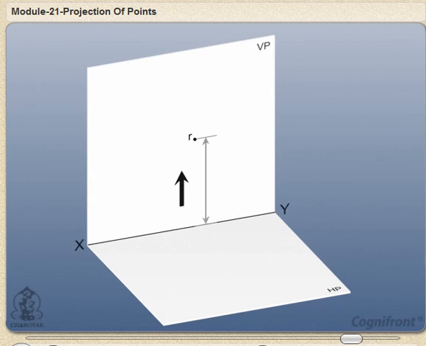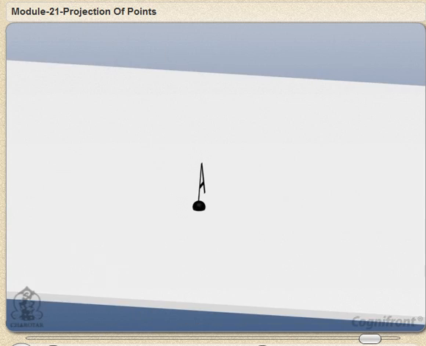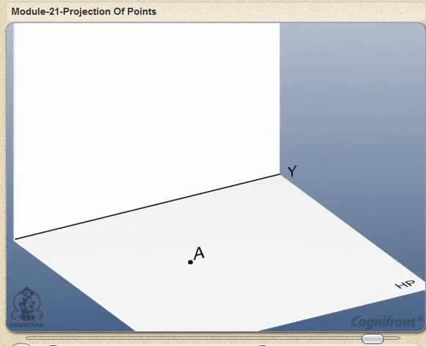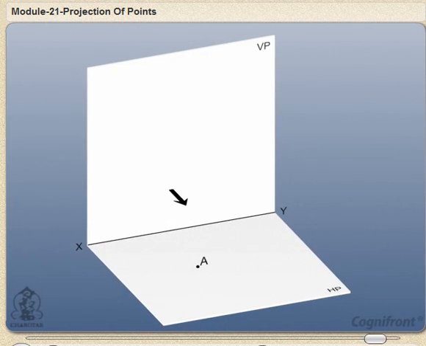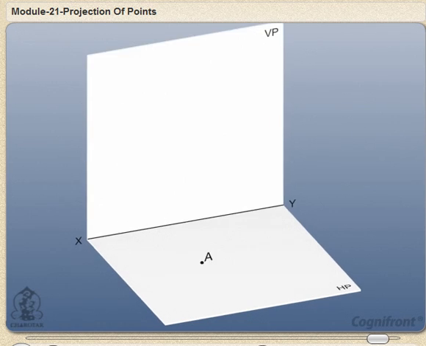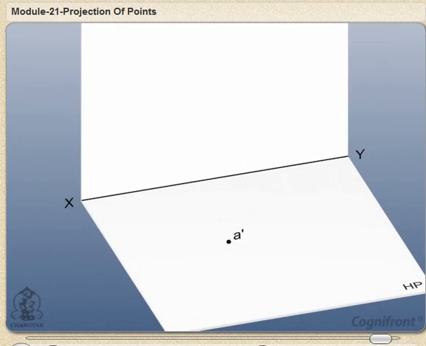Its top view R dash lies on the reference line XY. Similarly, if a point, say A, is lying within the horizontal plane of projection in front of VP, observe its top view A dash and front view A.